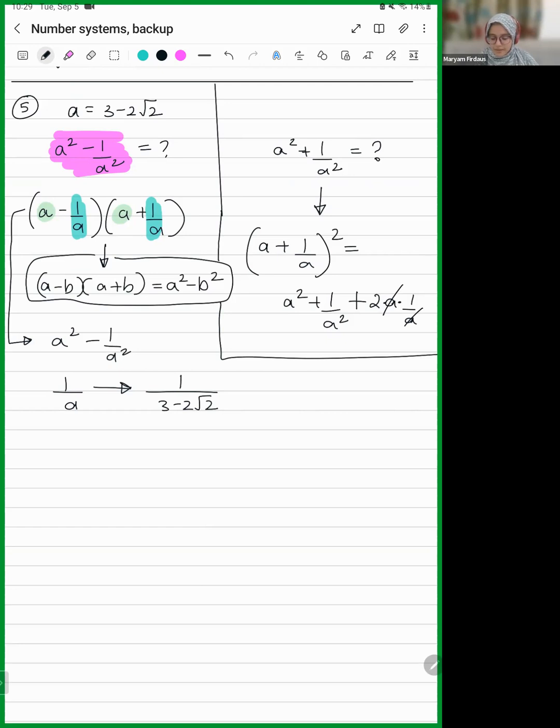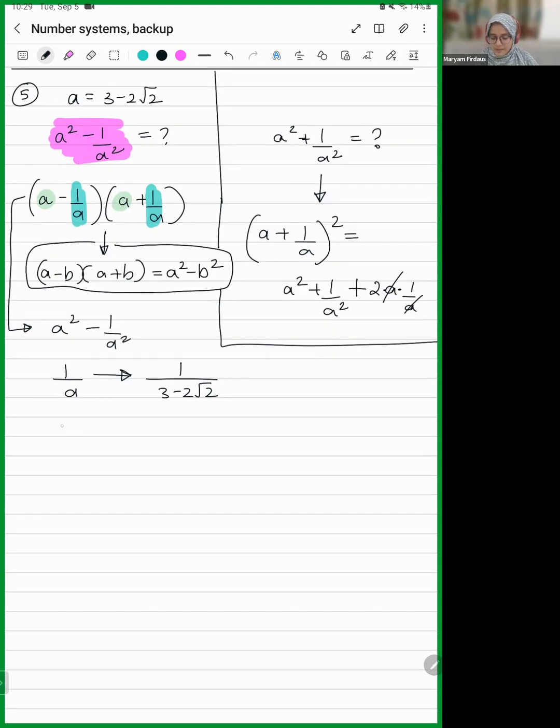Okay, so this is 1 by a. Now we need to find a minus 1 by a, and then a plus 1 by a. So first let's rationalize the denominator of this. What do we do?